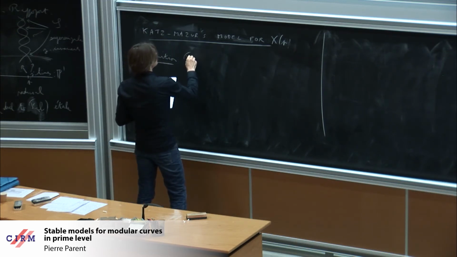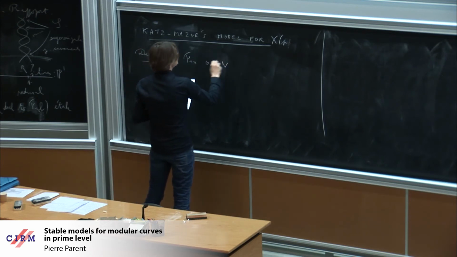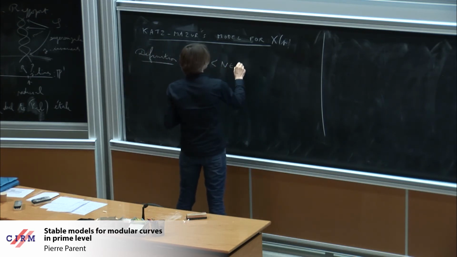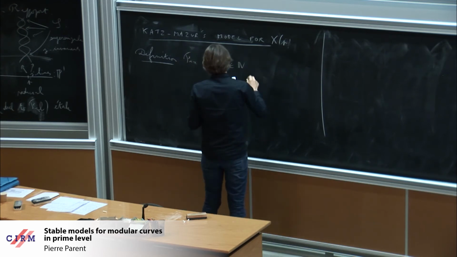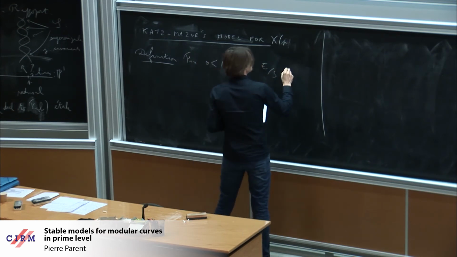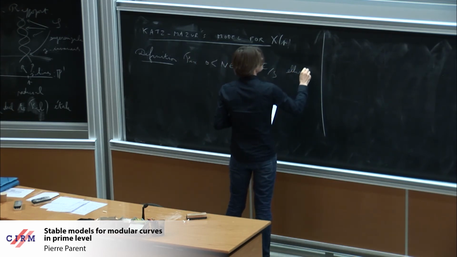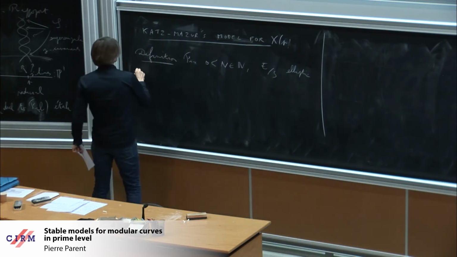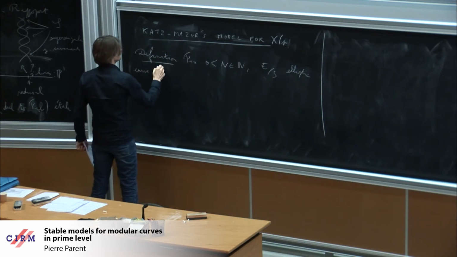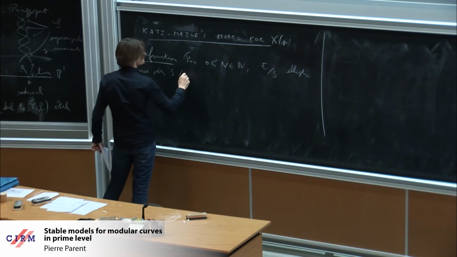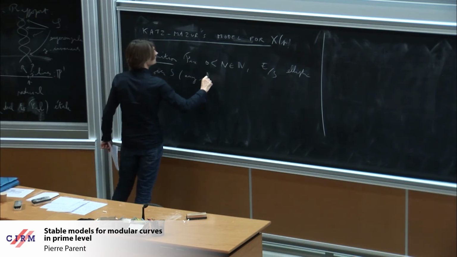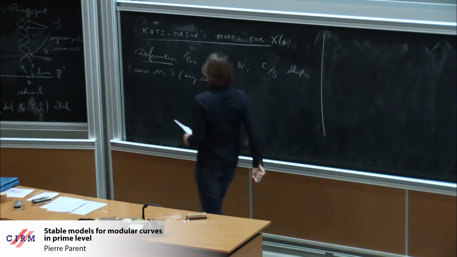So we fix a positive integer n, and a relative elliptic curve E over S, which is any scheme for now.